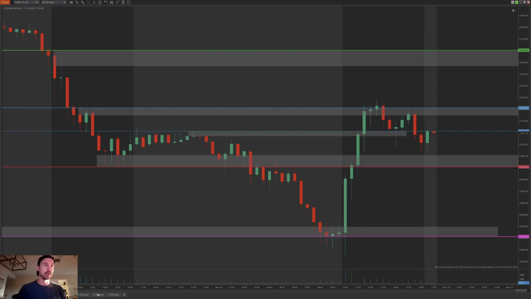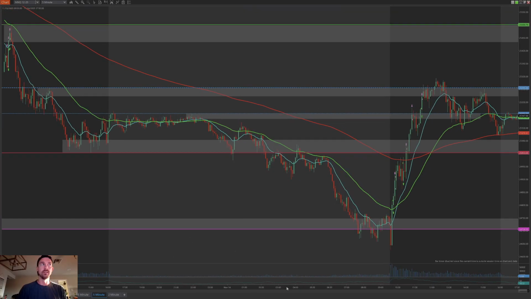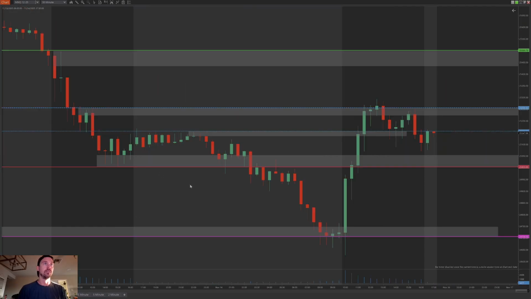So I'll change it back over to the 5-minute chart here. And you can see, obviously the red line is yesterday's low, and then we had this pre-market overnight high right here, somewhere in that area. Let me go back to the 30 actually, easier to see.